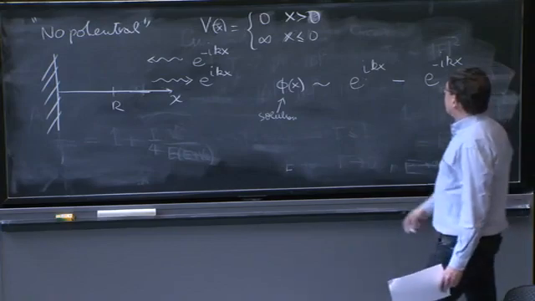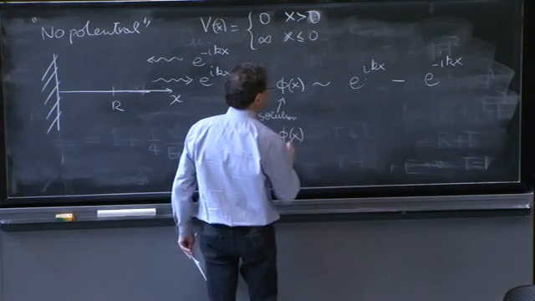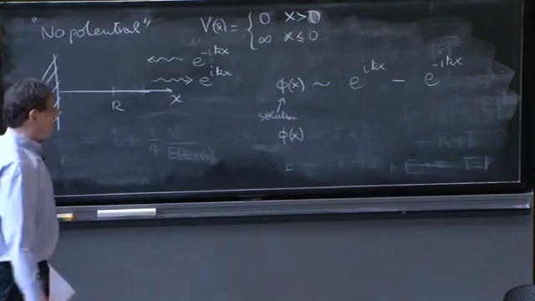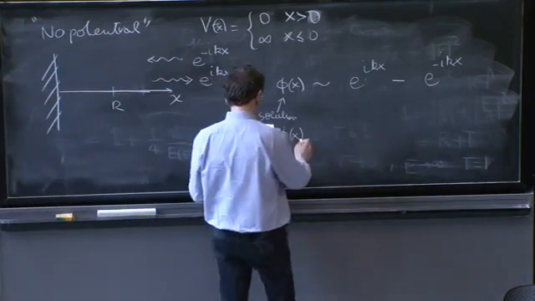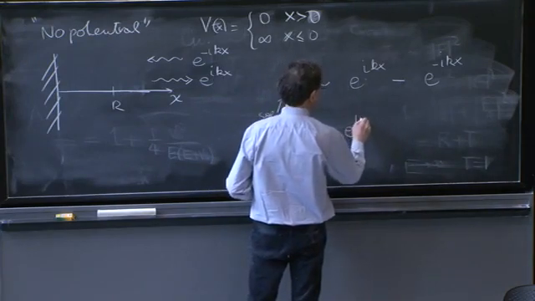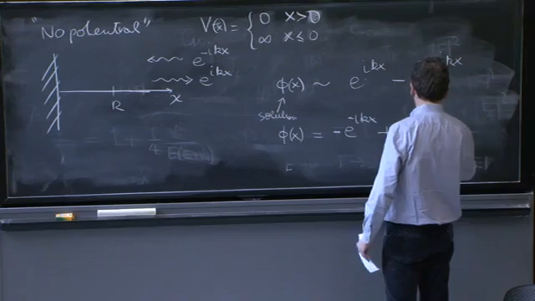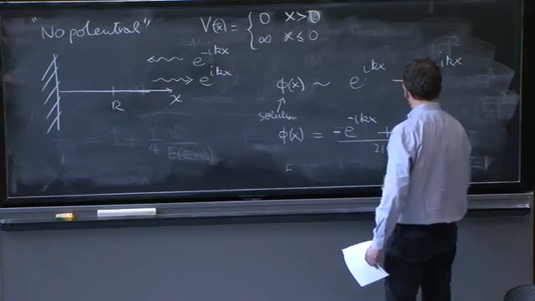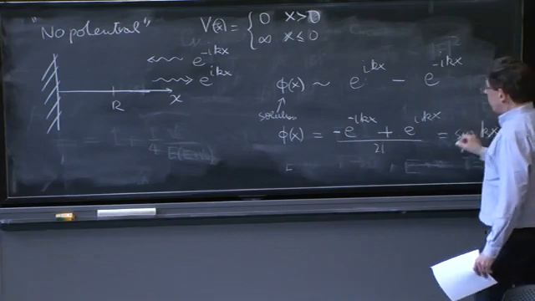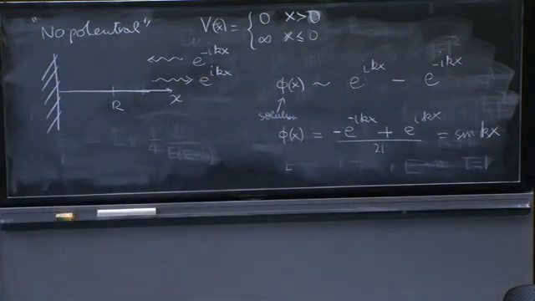In order to simplify this the best possible way, we can put a 1 over 2i there so that we have a sine function. And the sine function is particularly nice. So we'll have e to the minus ikx plus e to the ikx over 2i, and this is just the sine of kx, which you would admit is the solution over here.